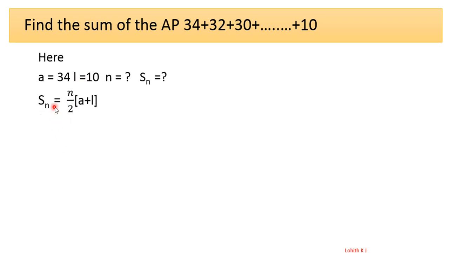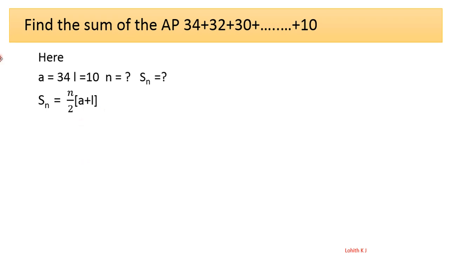The formula is Sn = n/2 (a + l), where a is the first term and l is the last term. As the values of a and l are known, first we need to find the value of n.